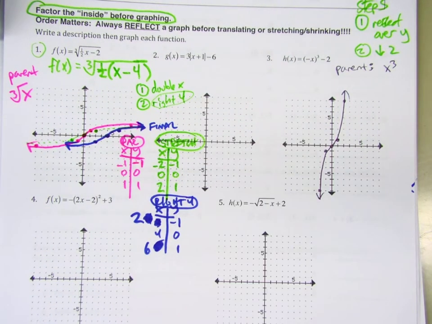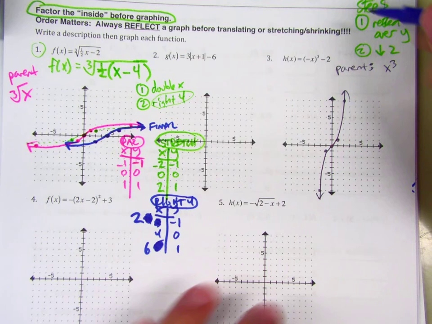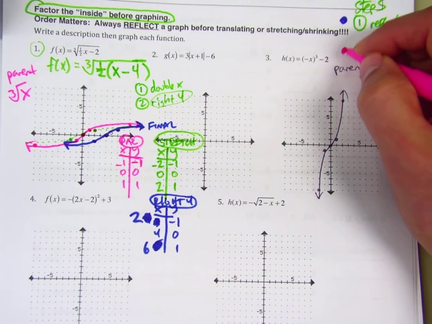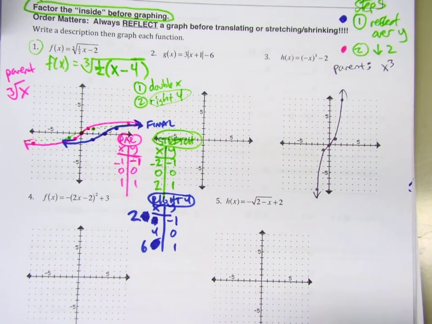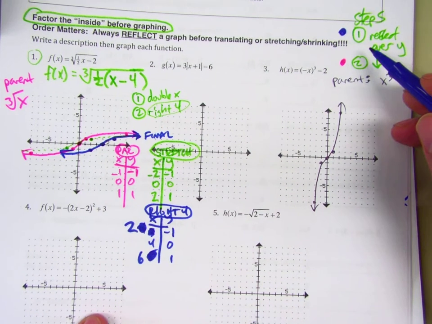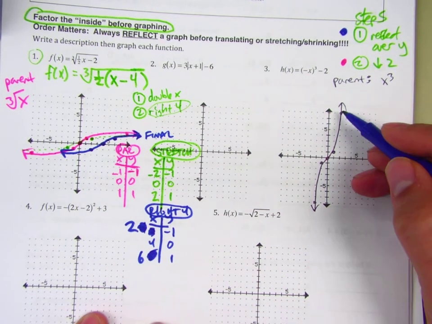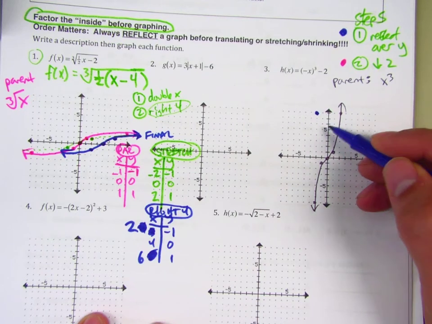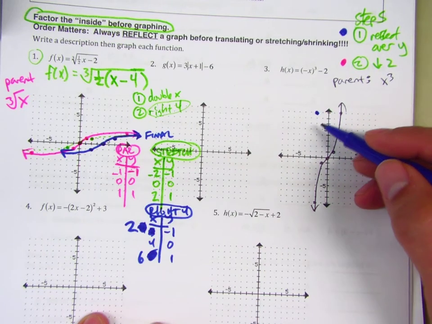And now I'm going to do first step in blue for this one, and my final graph will be in pink, okay? If I reflect over y, where does this point go? It just goes across the y-axis over here. Does that make sense?